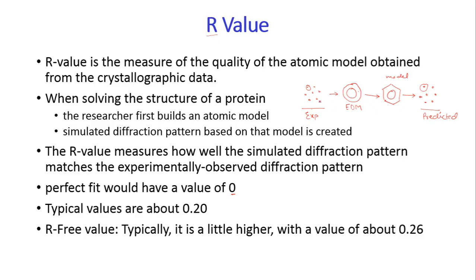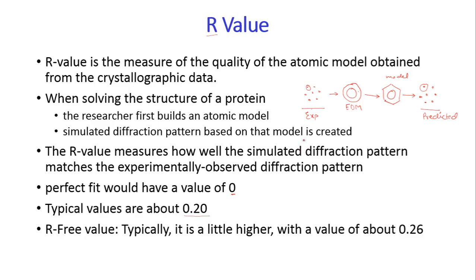But such ideal values are usually not obtained. The typical value is around 0.20 for R value. So the simulated diffraction pattern would have an R value of 0.20 as compared to the experimental diffraction pattern.